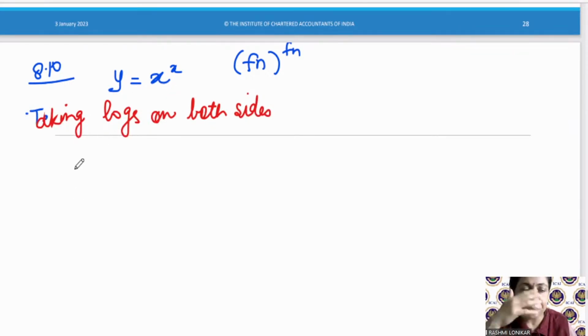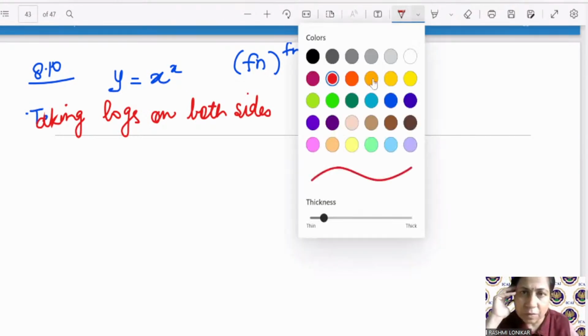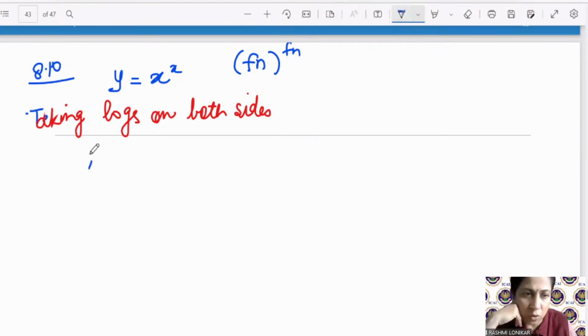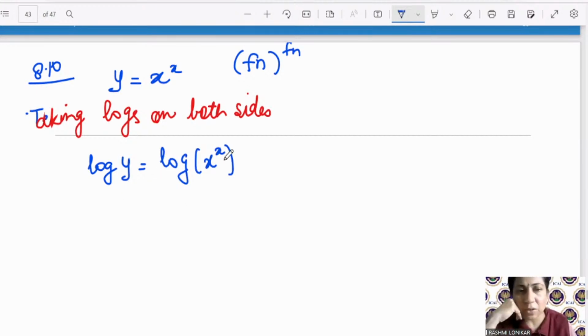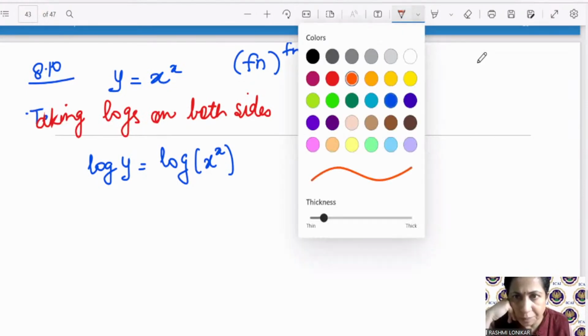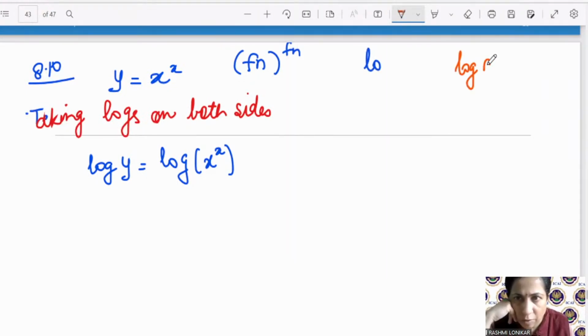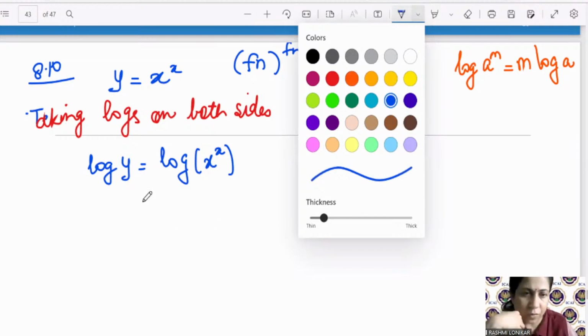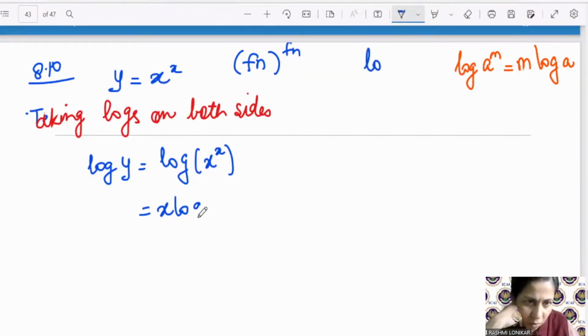You've studied this in the first chapter. So log y is equal to log of x raised to x. Now you remember the formula: log of a raised to m is equal to m log a. We are going to use this over here. Then this becomes x log x is equal to log y.